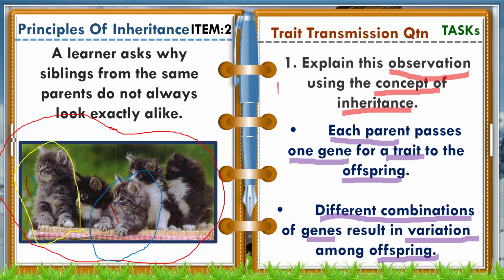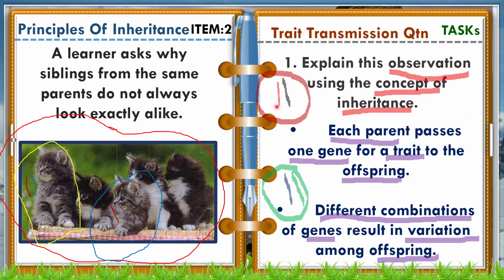One can get this gene from the father and this gene from the mother. And another one may get this gene from the father and this gene from the mother. So when you look at these two organisms, you are going to see that these organisms have got different combinations of genes.